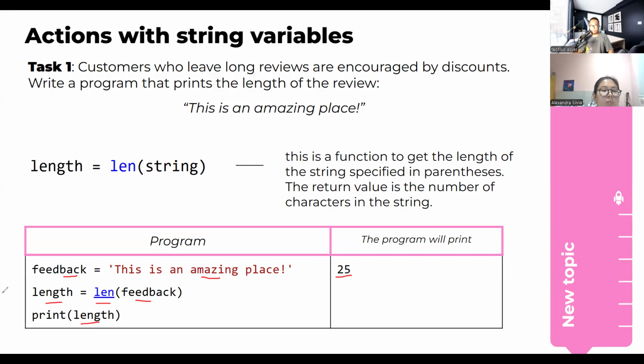So this is a simple one, but I will ask you the common question that I always ask my students about this. When I say len can be used to count the total characters of this sentence, do you think it's just counting the letters or does it already include all of it?